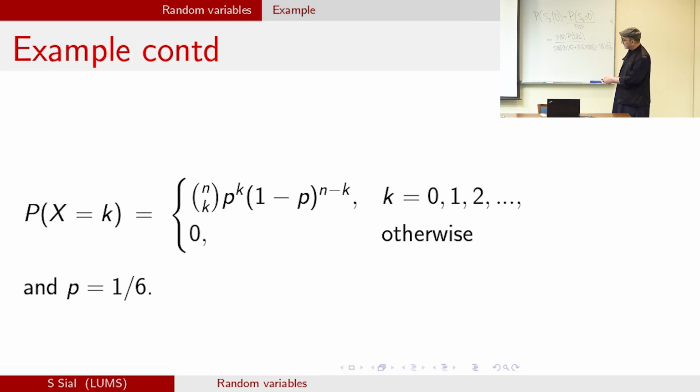Okay? So this is the way that I would write this. You have something for all the allowed values of K, and you say that it's 0 otherwise. You should get in the habit of writing it this way, because it's going to be important later.